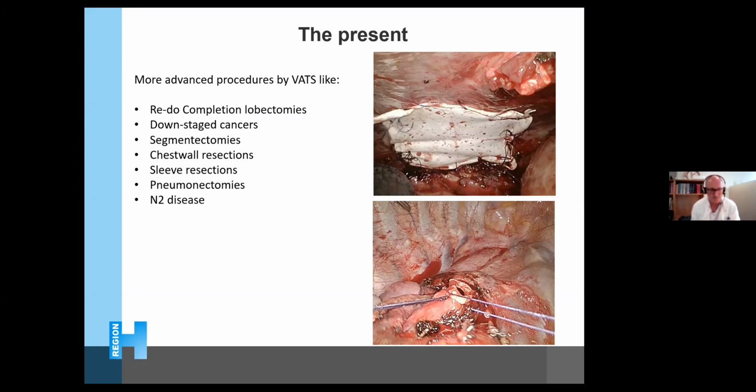I did a case a few months ago in a patient who had 40 days on the ventilator due to COVID-19 and had his lung cancer detected in this. And I must say, doing surgery there was pretty much like doing surgery in a downstaged patient, a patient who had immunotherapy. We have also done the first cases with downstaging by immunotherapy. So that's a lot of fibrosis, and you need to be ready to deal with that. You need to be ready to deal with the dangers in those procedures.